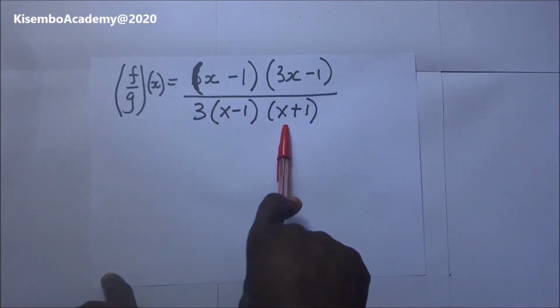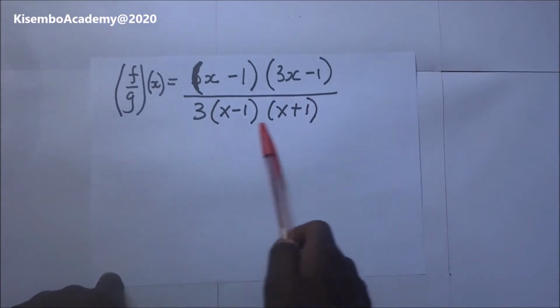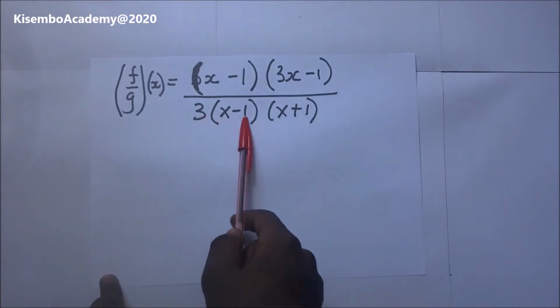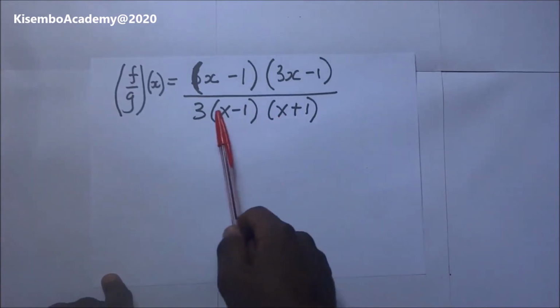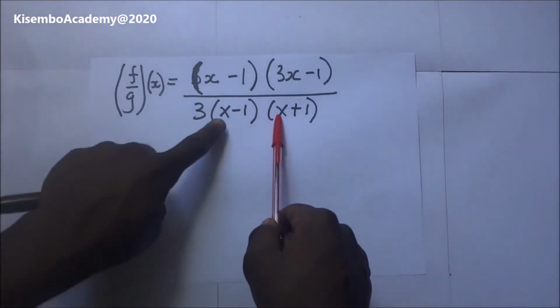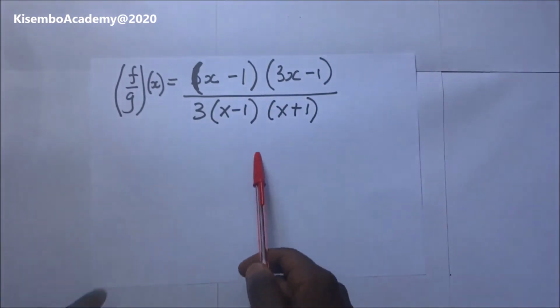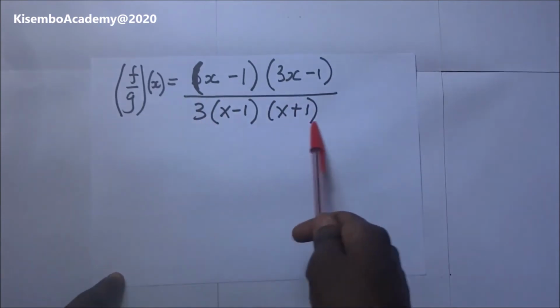Now when you're dealing with quotient functions, remember we said that the denominator is not supposed to be equal to 0. So looking at this, 3 into x minus 1 and x plus 1, which value must we exclude from the domain that could make this entire term become 0?